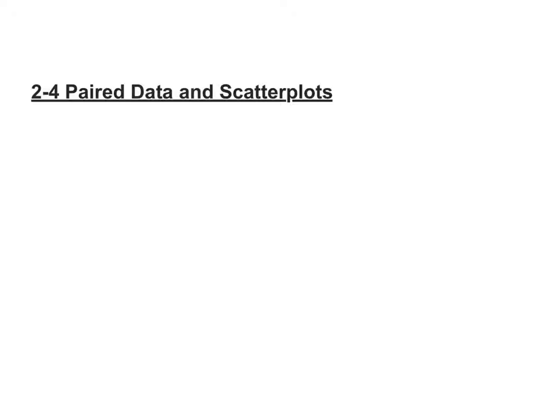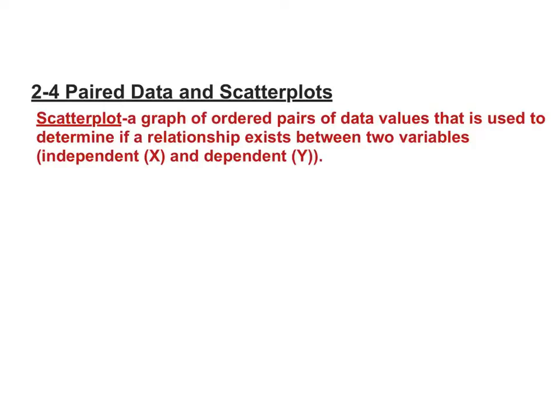So, you guys know what a scatterplot is. You've made scatterplots. You've done them in science class. You did it in Algebra 2. You probably did it before then. Those for sure are ones that I know you've done. Okay, let's understand what it is. It's a graph of ordered pairs of data values that is used to determine if a relationship exists between the two variables.